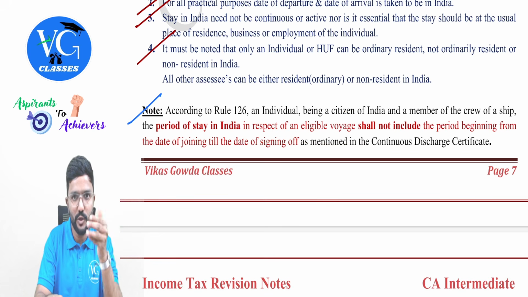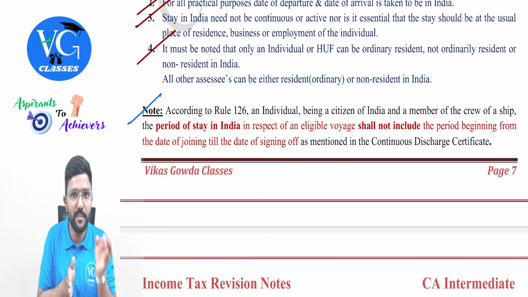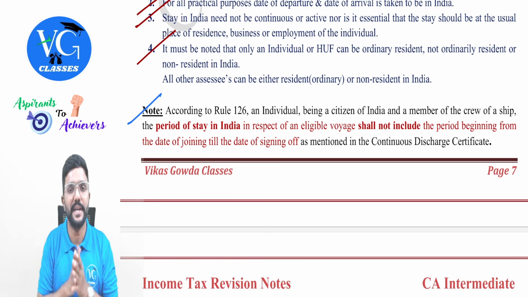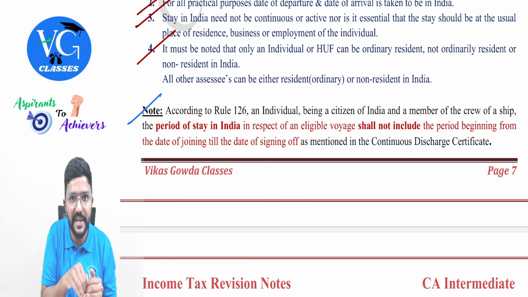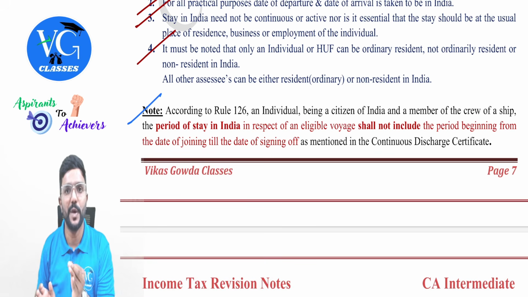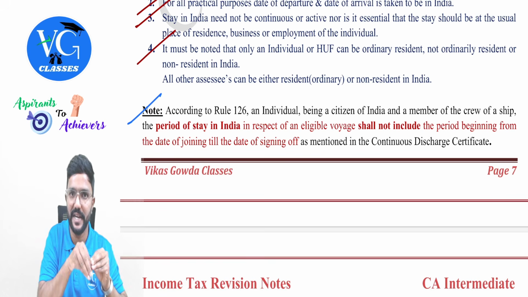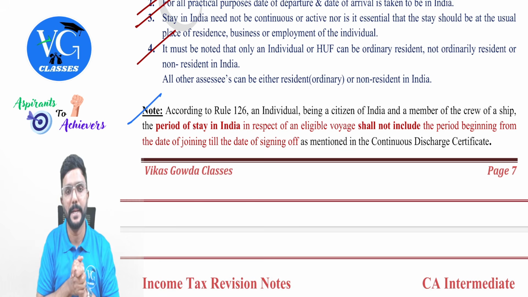For example, if the origin point is in India, the destination should be outside India. Or else if the destination is in India, the origin should be outside India. We call it an eligible voyage. I repeat once again, an eligible voyage means one which is carrying passengers or goods in international traffic, that is, either the origin or destination point should be in India and the other one should be outside India.